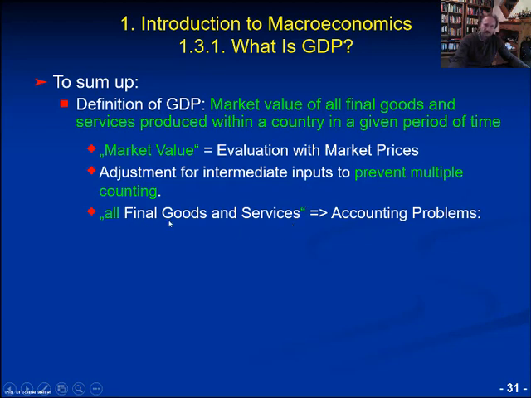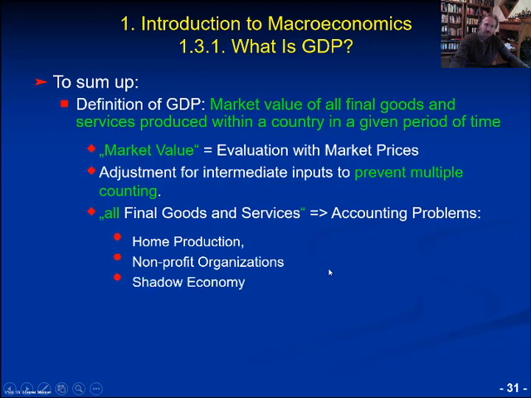All final goods and services means that this is a little bit too optimistic, because we have in fact a couple of accounting problems. We have seen that we have a problem in accounting for home production. We have seen that we also have a problem in accounting for the gross value added of non-profit organizations.